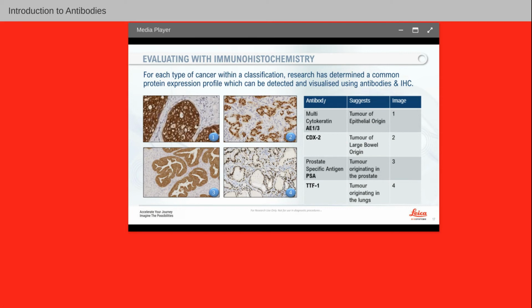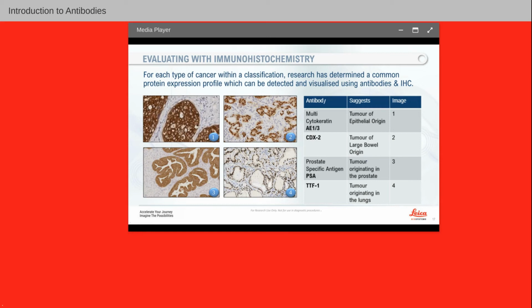So it could be that using a single antibody is not the most reliable method. It is with HMB45, but generally with other cancers, it's not. Several different tumour types can express the same protein. They can lose the same protein. They can express the same modified protein.